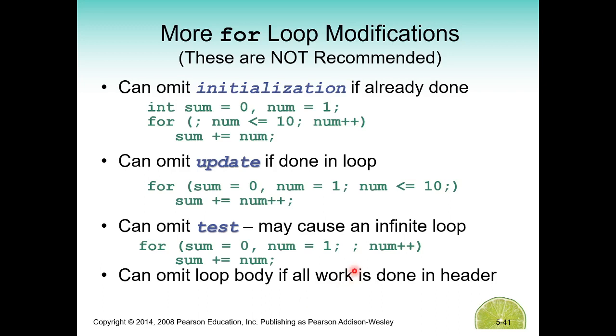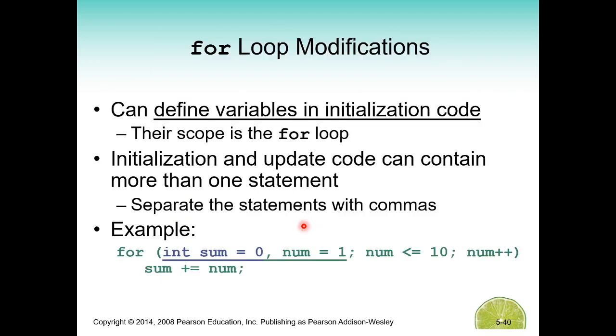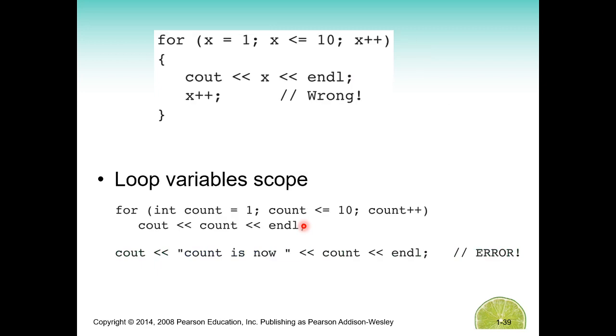Actually, there are many more modifications. However, in my opinion, these modifications are not really recommended. I don't recommend you go with these kinds of modifications. It's much better for us to use the classical way of defining the loop, which is this one. This is the most classical and most well-known style of for loop, where we define the count, the variable inside the loop, then compare or evaluate the variable, then execute, and then increase it.